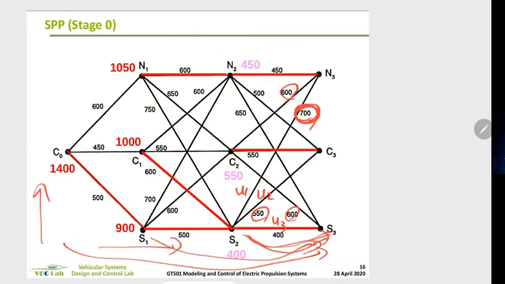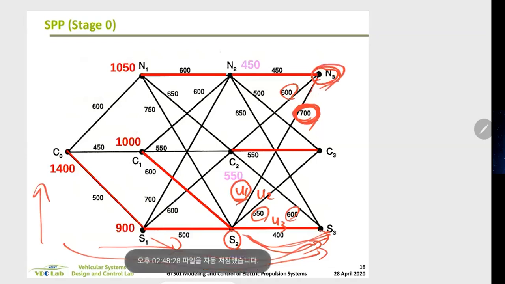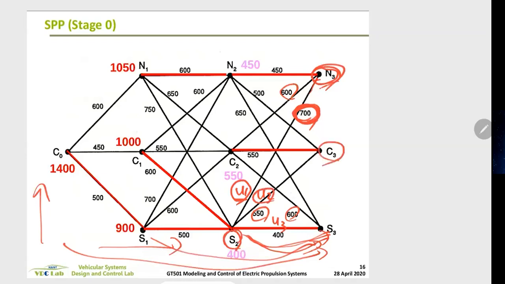And then you need to find out where this ends, right? So apply U1 at S2. S2 and U1 becomes your input, and then your output should be 700 and S3. And then S2 with U2 now gives your output of S3 and 550. And then S2 with U3 will give you an output of S3 and 400.